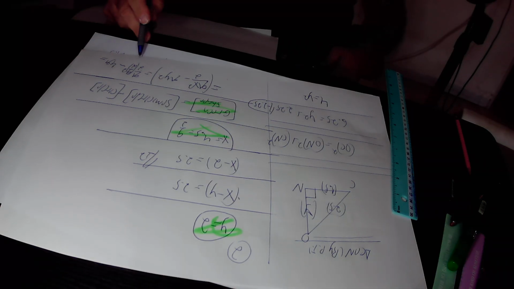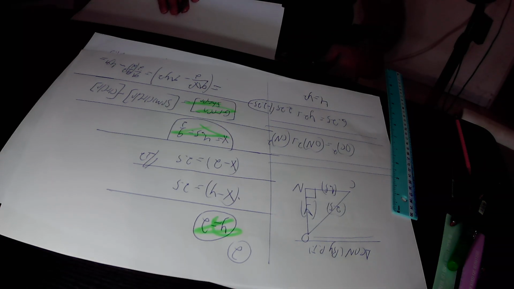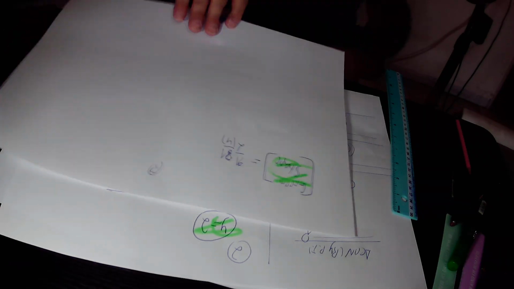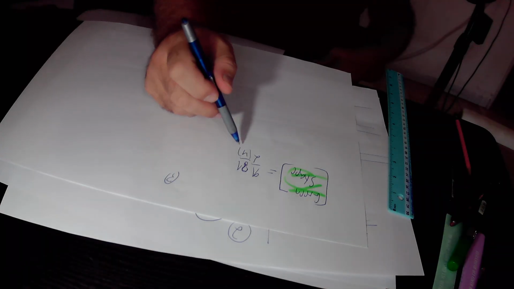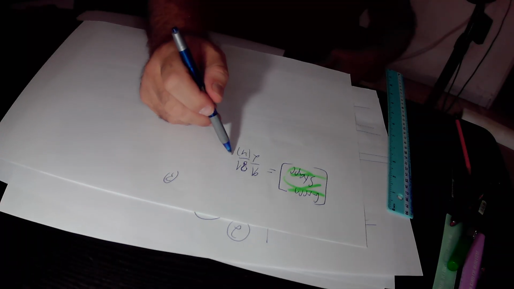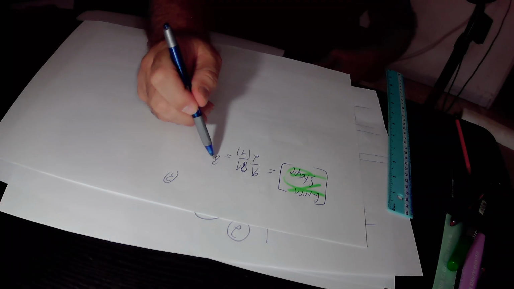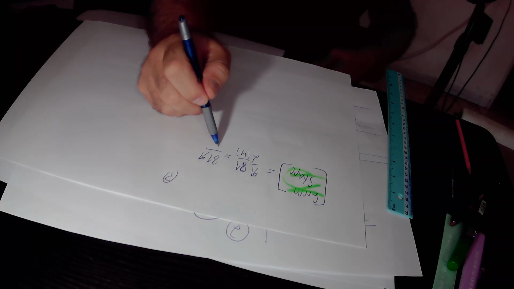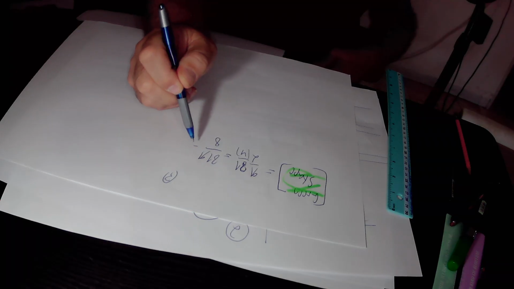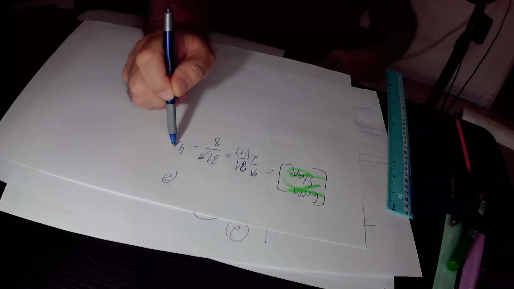So the value of this expression is 81 pi over 2 times 4. 81 pi over 2 times 4. 2 times 4 is 8, minus 4 pi, that is the area of the small circle.